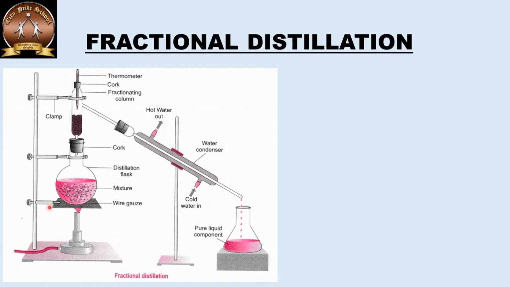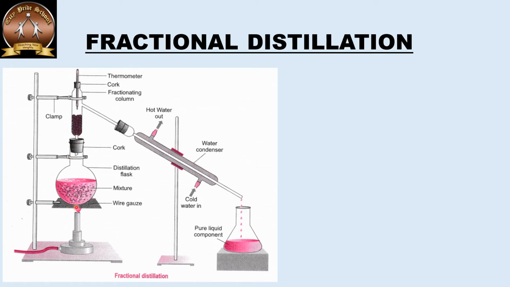The difference you could make out is this additional feature that is introduced into the fractional distillation. Now this is a fractionating column, which can consist of a variety of different substances, but for simple fractional distillation it consists of some bead-like material.